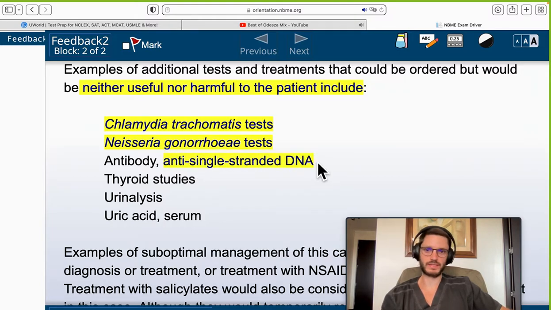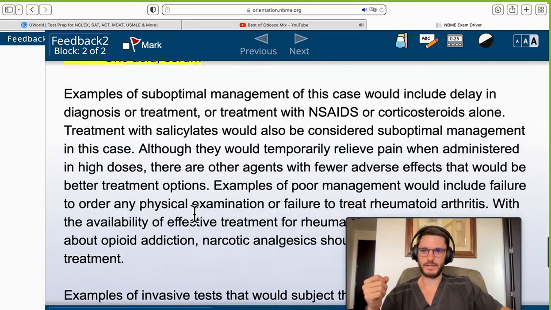I wouldn't send it because if the screening test isn't even necessary, the anti-nuclear antibody, I wouldn't go to this length. But at least blood work probably wouldn't be a problem, wouldn't harm the patient. Thyroid test, urinalysis, uric acid.